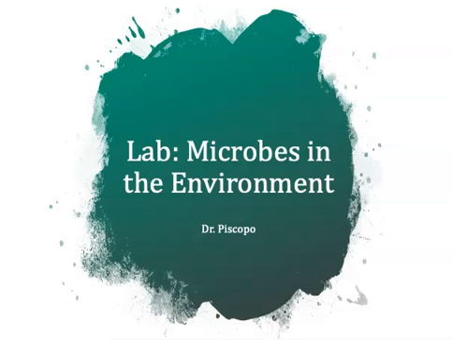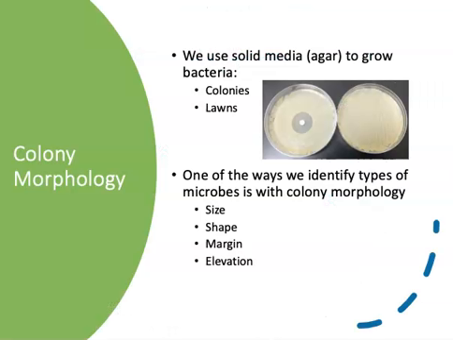Today we're going to spend just a few minutes talking about colony morphology. Remember, we've defined this term colony to be a visible mass of microbial cells, and these cells are growing on a solid agar plate.